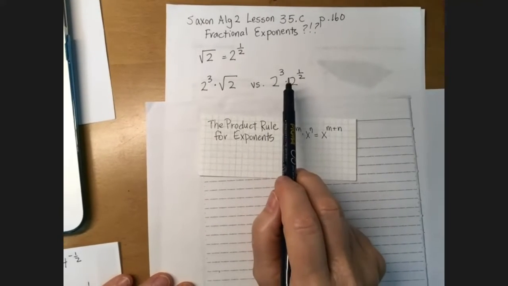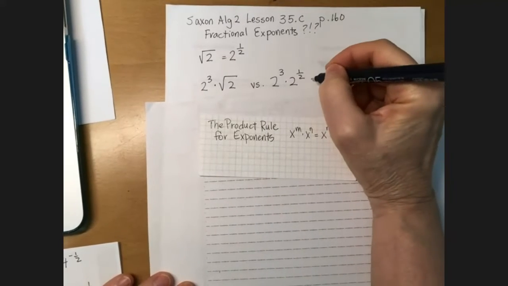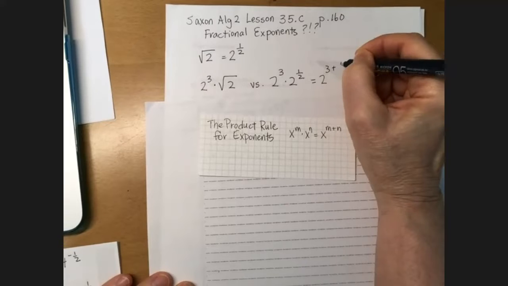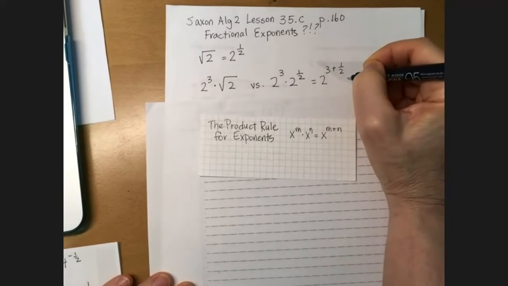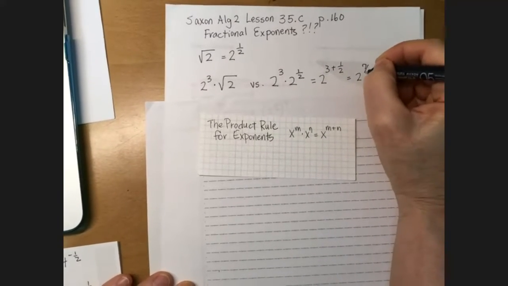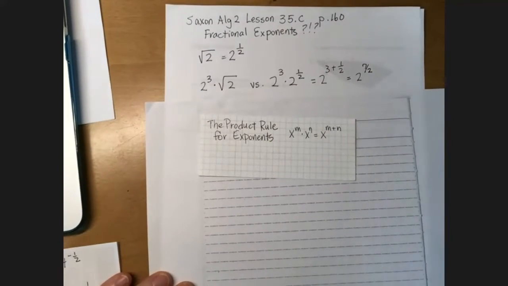We have an m and we have an n, so we have m plus n. So that's going to equal 2 to the 3 plus 1/2, which is going to equal 2 to the 7/2. How do you like them tomatoes?